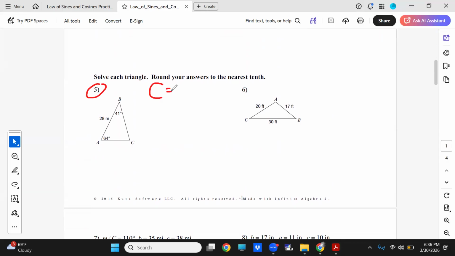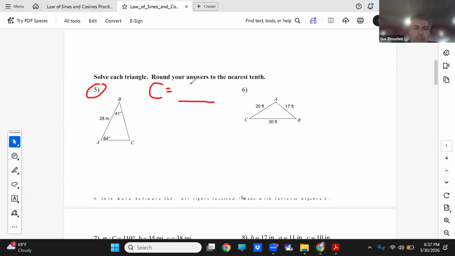First of all, what does angle C equal? Plus 75. Okay, so now let's move on to solve for little a.